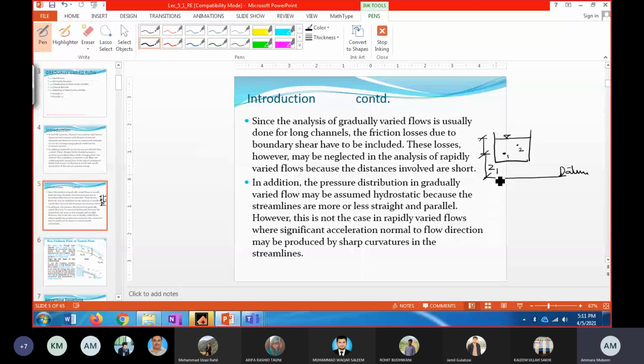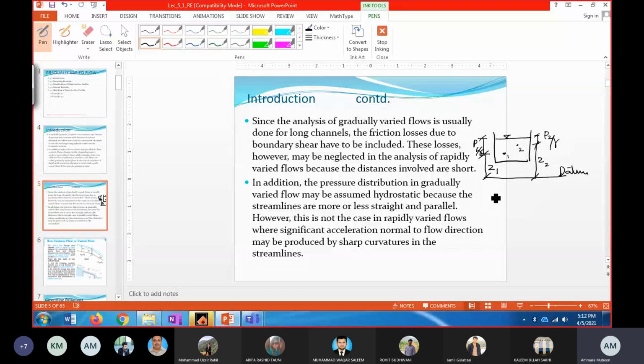So elevation head at this point is Z1 and pressure head at this point is, you can say, P1 over gamma. Is it pressure head? Do you know about that? I hope so. And at the second point, elevation head is Z2 and pressure head is P2 over gamma.